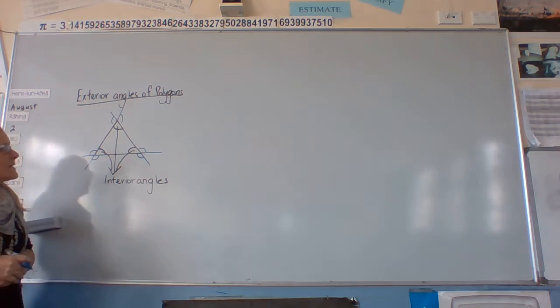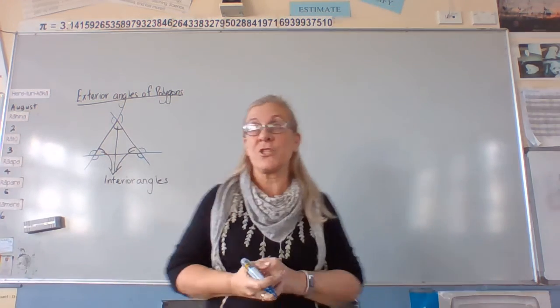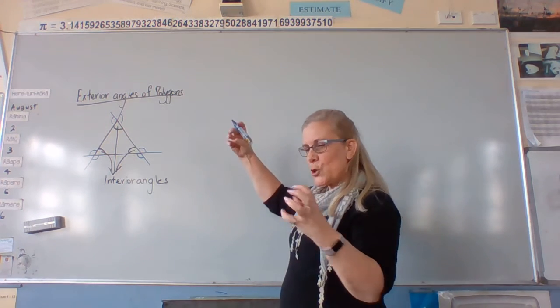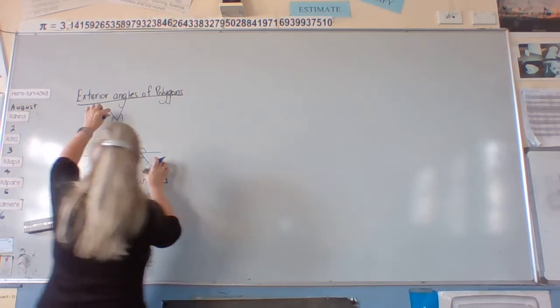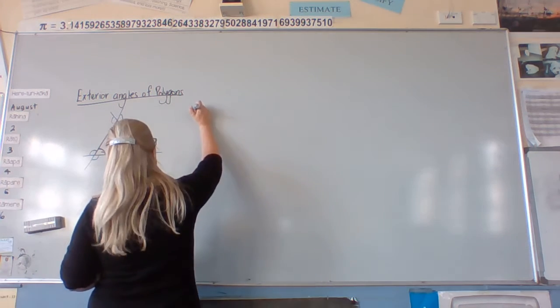So the thing is that it's quite an interesting fact about vertically opposite angles, because if we swoosh that into nothing, right? So if I grab this line and I zoom it in, I will end up with this.